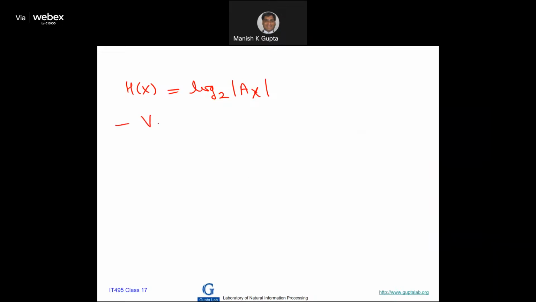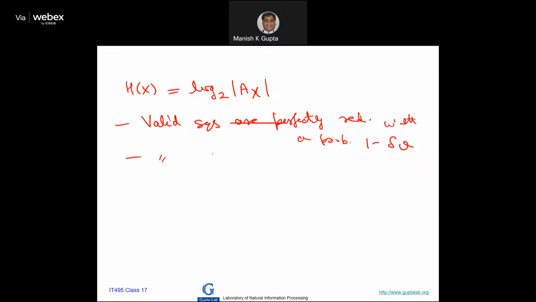Now, valid sequences are perfectly received with a probability 1 minus delta V, and valid sequences are dropped out with probability delta V. This is actually from the PCR region, right?